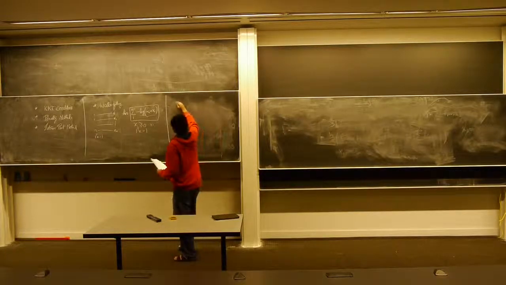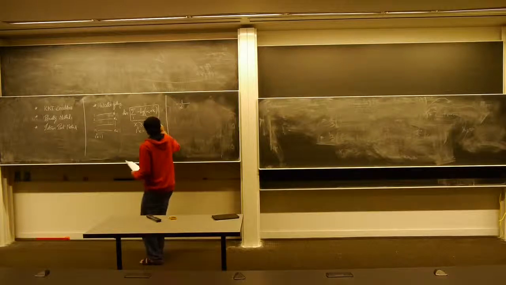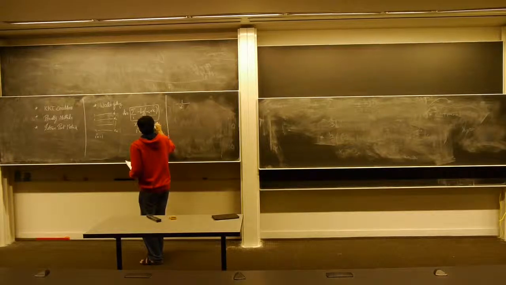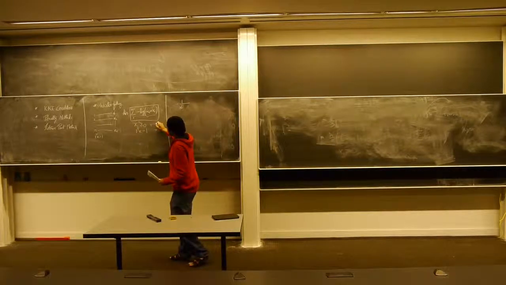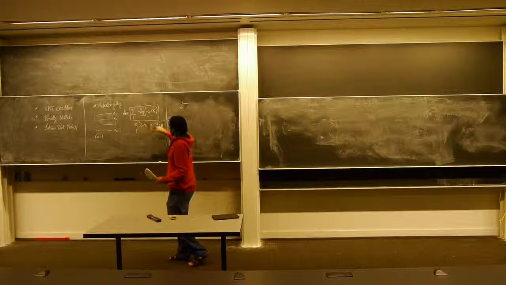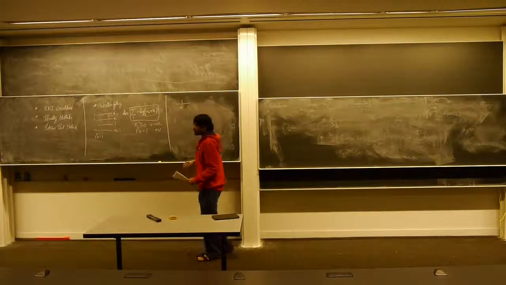I'll write out the KKT conditions. These are my dual variables: for each x_i I'll have a u_i, and for this constraint you have a v.